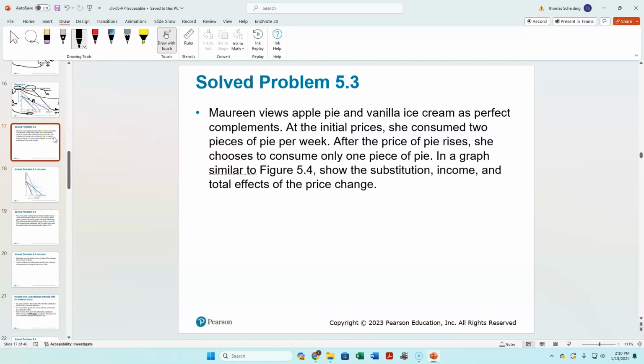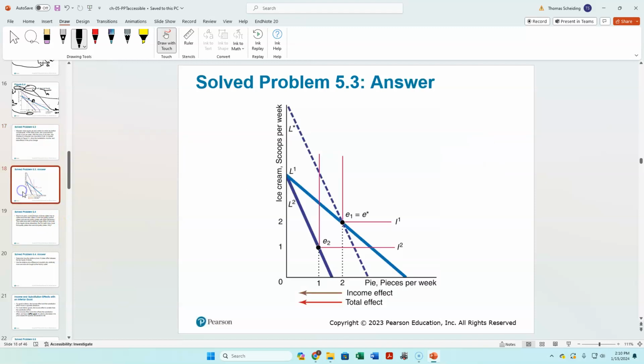And so if we look at these problems here that are generated by it, if we look at a person that has apple pie and vanilla ice cream as perfect complements, then again, these indifference curves are going to be Leontief in shape, L-shaped. And we've got the price changing.